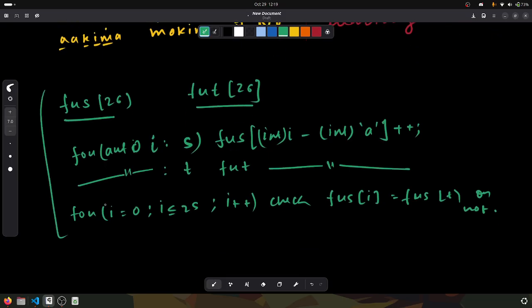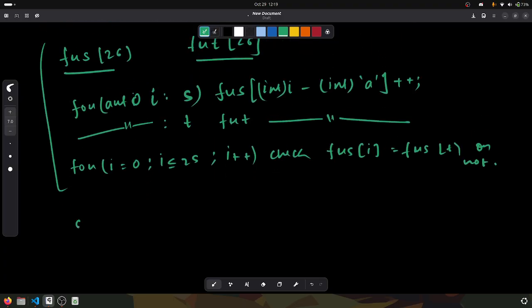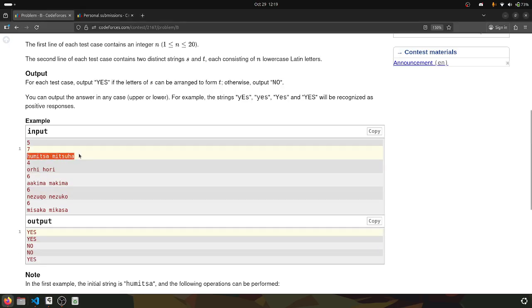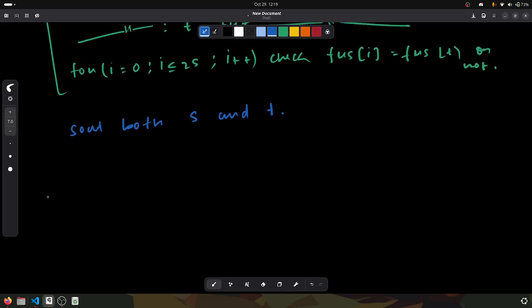Another clever way of doing this is we can sort both S and T. So what does sorting mean in a string? Let's take the first test case, Mitsa, Mitsuha, MITSUHA.